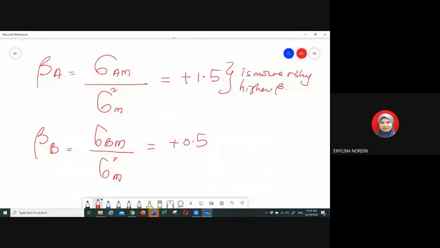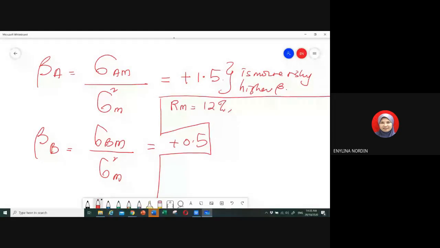Okay, now let us calculate the returns on stock A if there is a market change. Let's say dalam information diberi, okay, given that market portfolio return is 12%. And let's say the returns from the risk-free asset is normally lower than the risky asset, right?